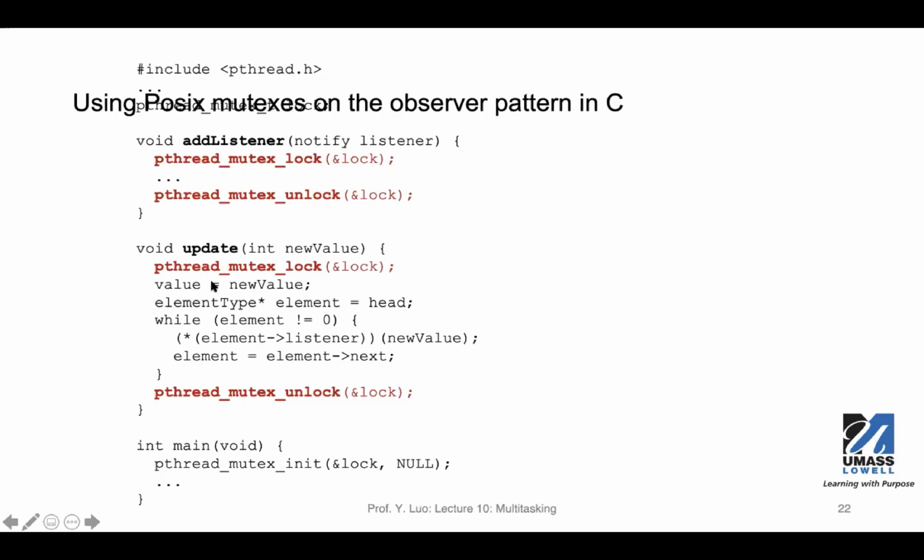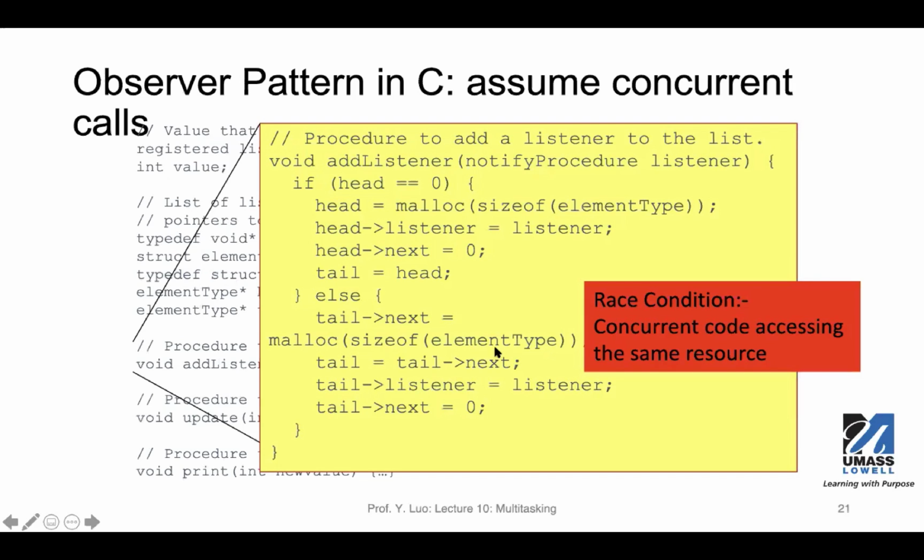And if you don't have this lock, then this while loop will possibly access a node which has its listeners not initialized yet. Because if I go back, this is where we initialize the listener.